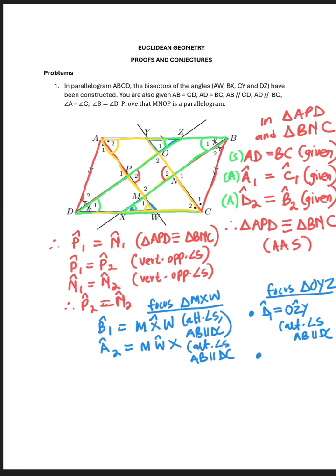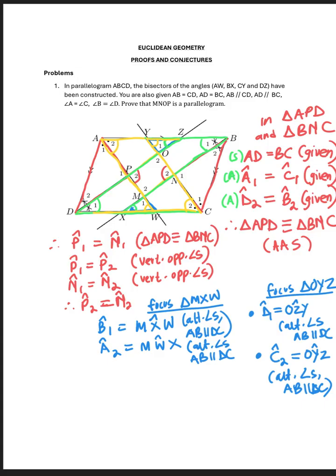Remember, alternate angles form a Z shape. So this angle right here is equal to this angle. So I'm going to say angle C2 is equal to angle OYZ. Reason: alternate angles because AB is parallel to DC.